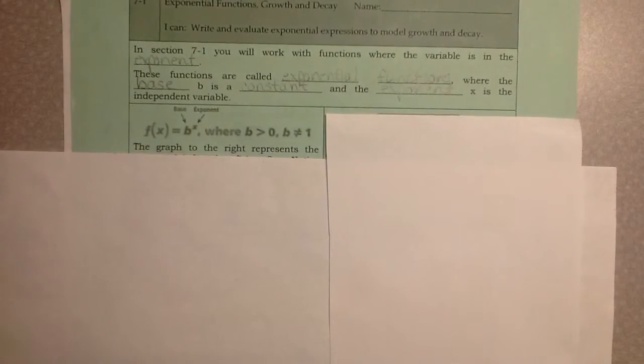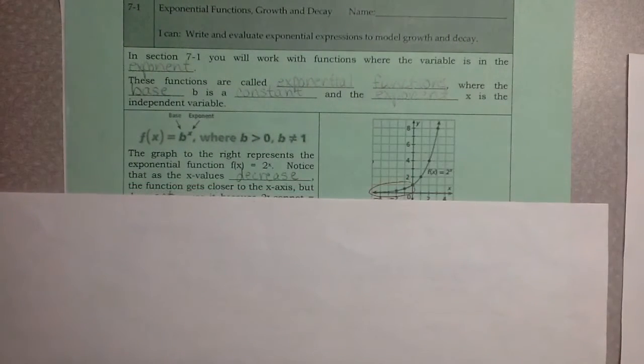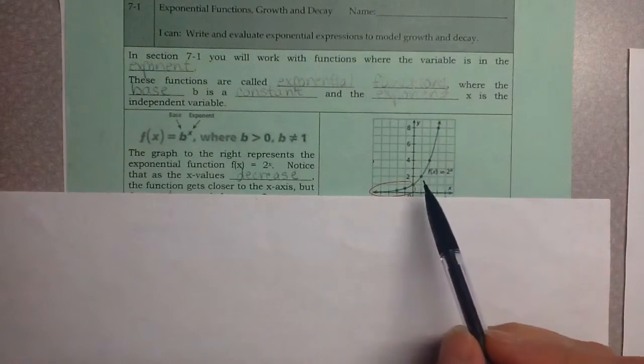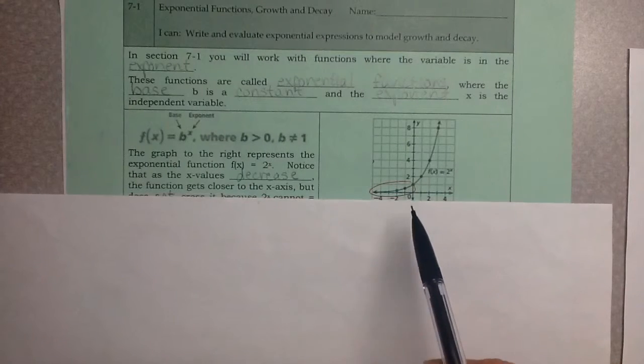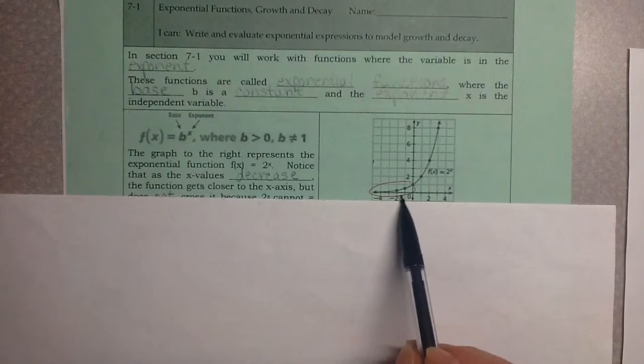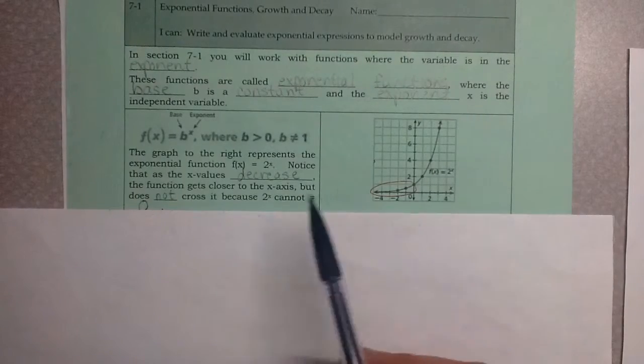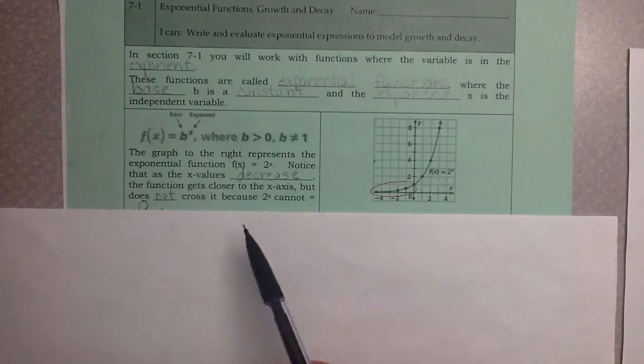The graph to the right represents the exponential function 2 to the x. What I want you to notice is that as the value of x decreases, the function gets closer and closer to the x-axis, but it's not going to cross it because 2 to the x cannot equal 0.